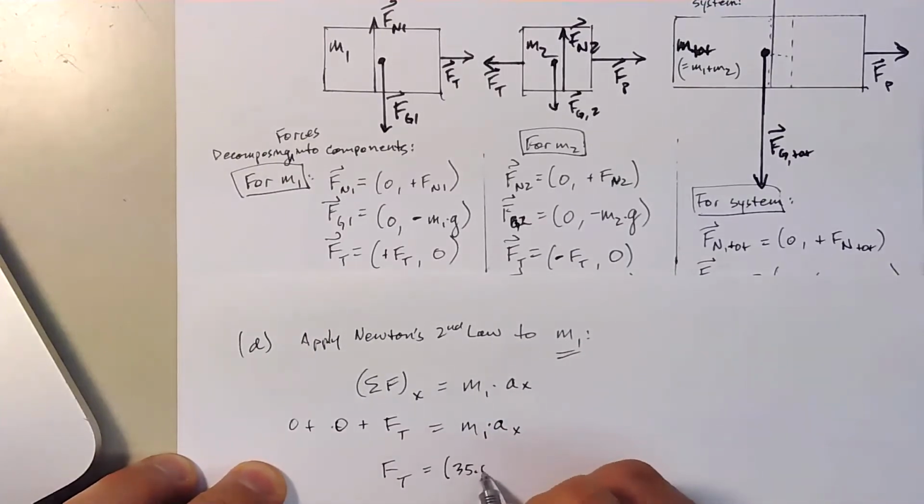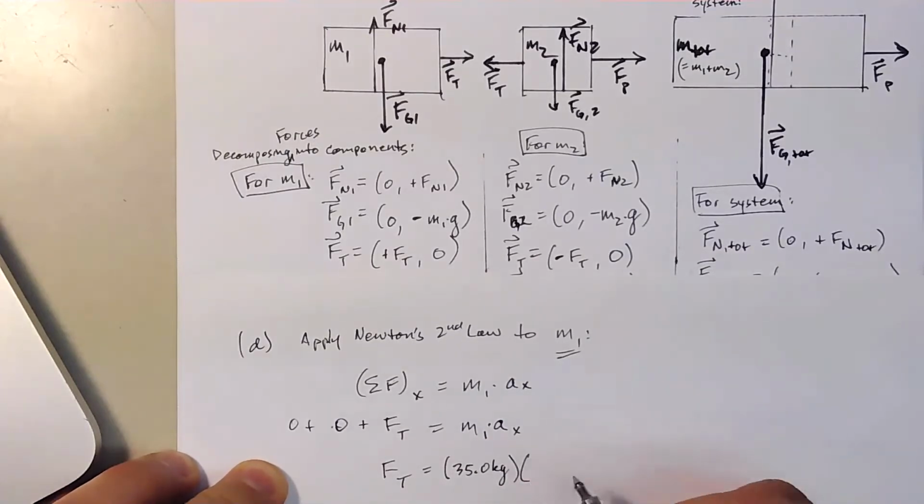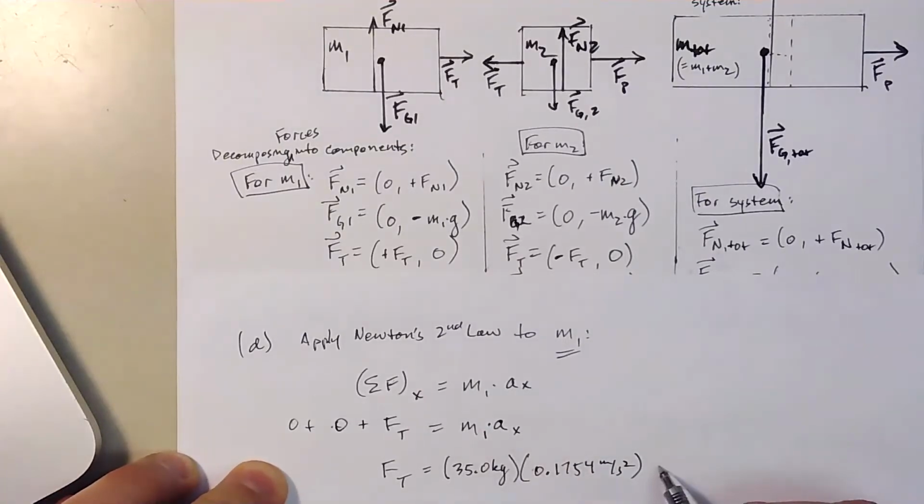Box 1 has a mass of 35 kilograms. And the acceleration that we had in the previous part is 0.1754. And I'm going to keep an extra sig fig here for the moment. And then I asked my calculator what that is, and it's 6.140 newtons. Okay, rounding to 3 sig figs.